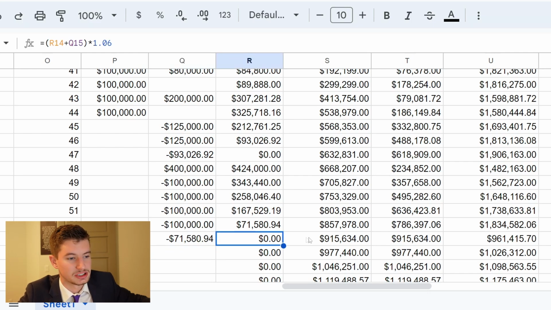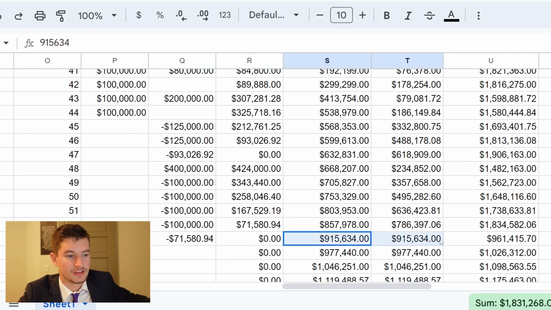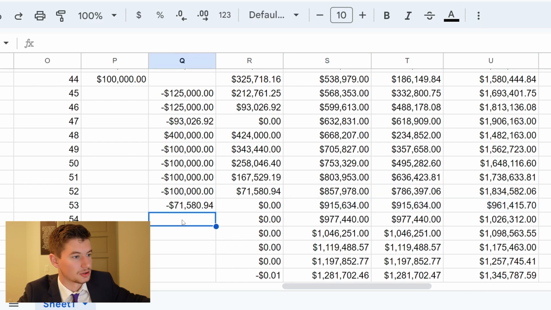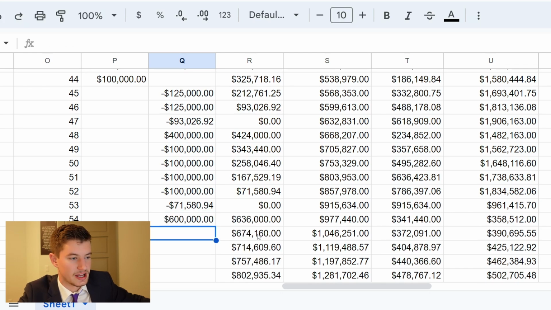Your loan balance is now 0. That's great. Again, you have this full $915,000. That's all working for you. If you never wanted to touch it again and just let it grow, you could do that. But problem is we're an entrepreneur, so we're probably going to start taking money out again. So we're going to do one more iteration here. You have the 900,000. This time around, we want to take out 600,000.